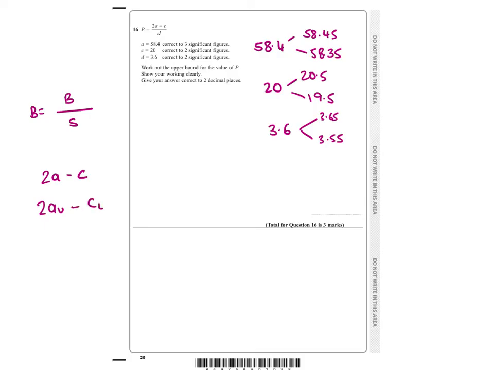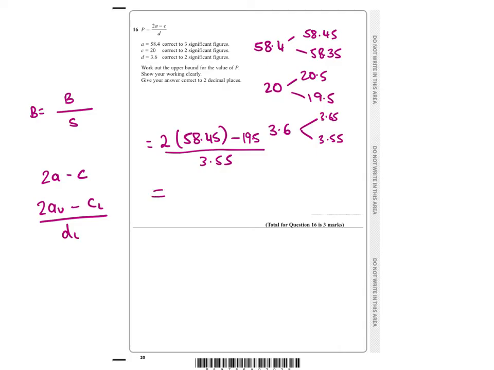Then I'm going to take away my lower bound of c, and then divide that by my lower bound of d. So that's going to give me two lots of 58.45 minus 19.5 divided by 3.55.